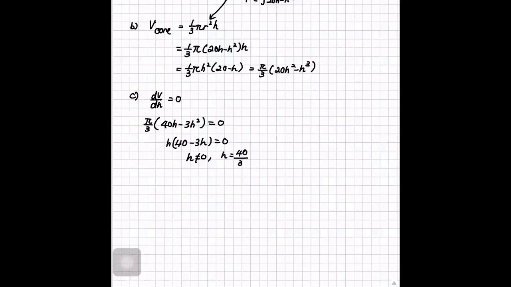And they ask you to find the value of V now and then the nature. So second derivative. Substitute the h.